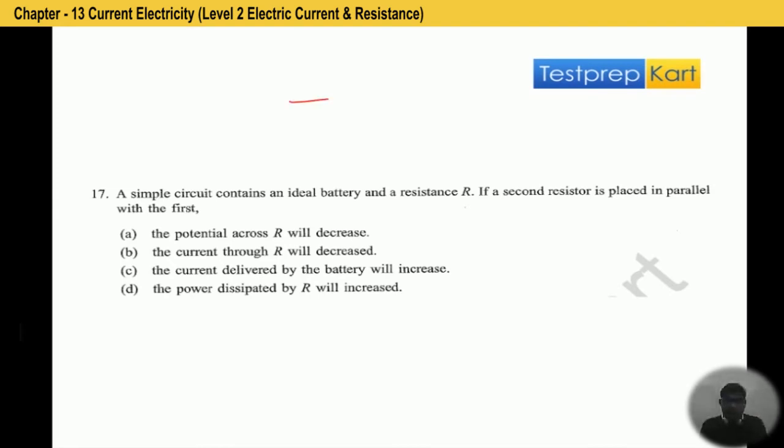So basically we have a battery which is ideal. There is one resistance R initially.